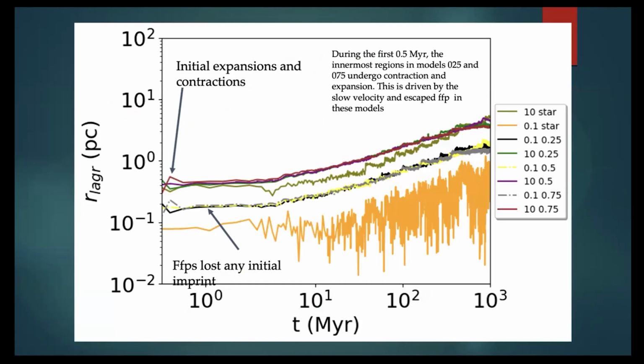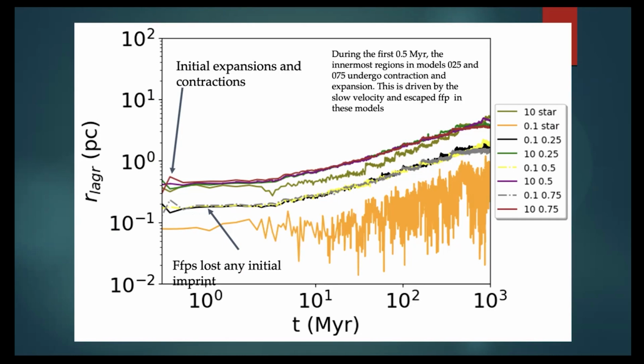You can see all of them together, in which there is an initial expansion and contraction due to the fact that we chose different energy distributions at the start. And this is removed very fast. This is quite interesting because whether we have a grid velocity distribution or not, this is completely removed in less than 1 mega-year.